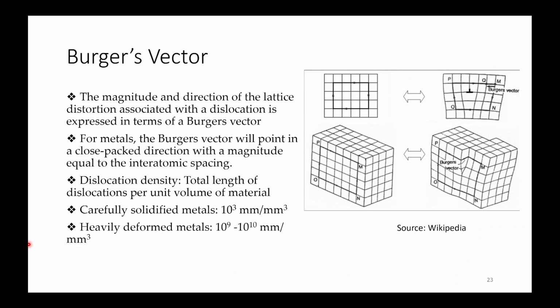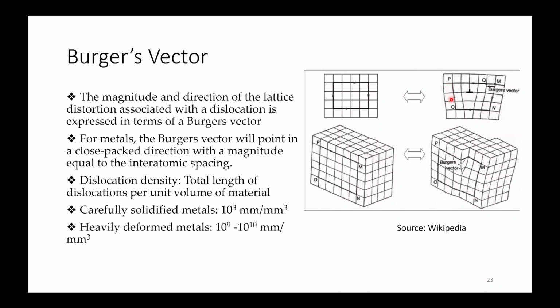Burgers vector is the magnitude and direction of the lattice distortion associated with the dislocation. If you have a perfect lattice, then there won't be any Burgers vector, so your circuit will be completed.